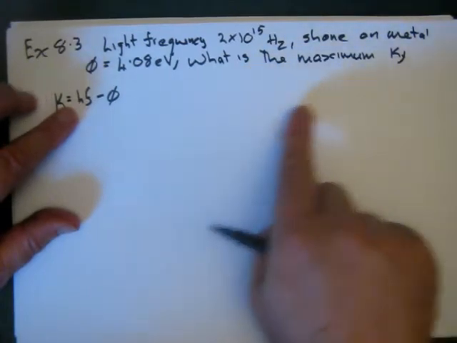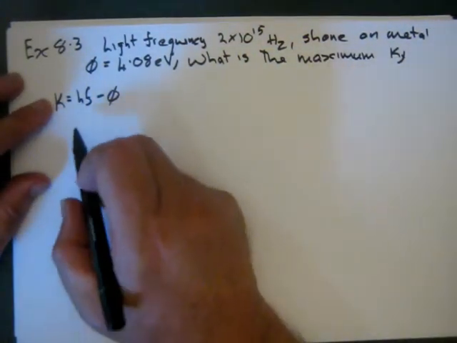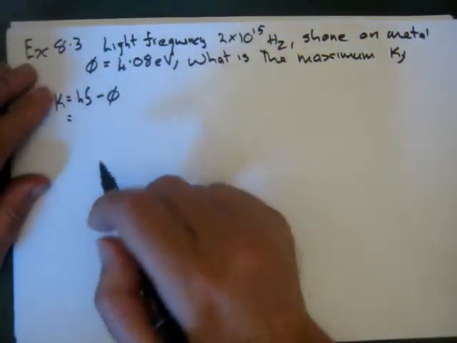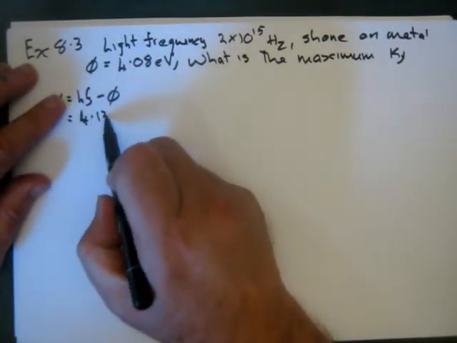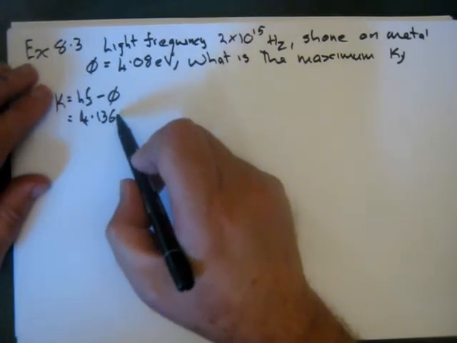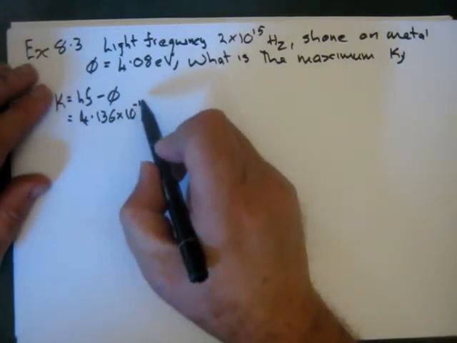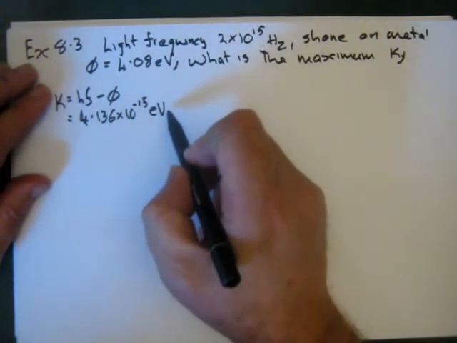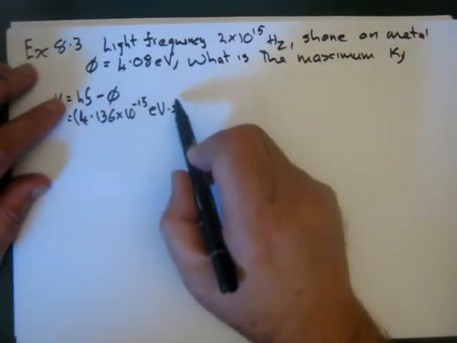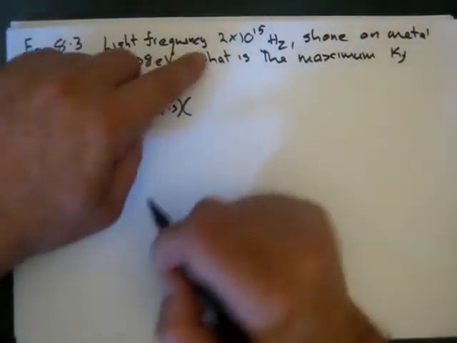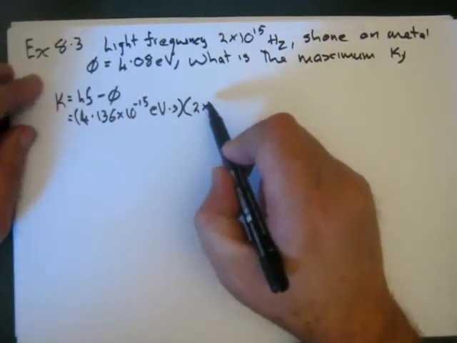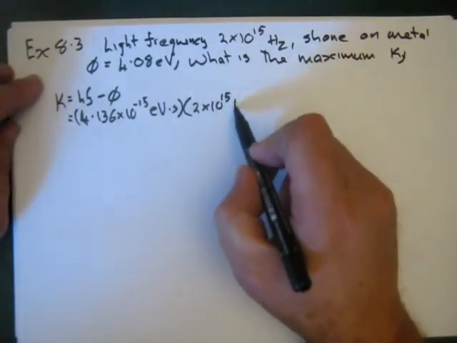Minus phi, and we have the value there, so let's just plug in the numbers. h is 4.136 times 10 to the negative 15 electron volt seconds, times the frequency, which was up here, 2 times 10 to the 15 hertz.